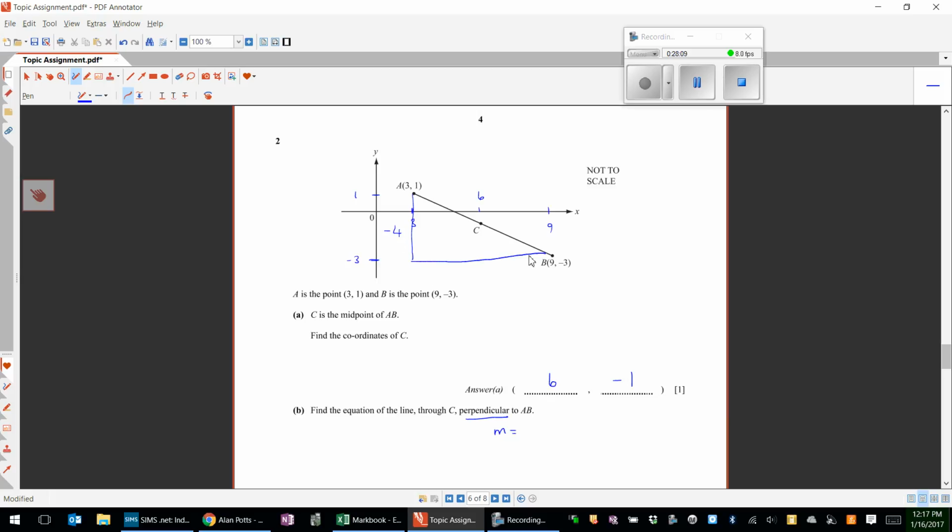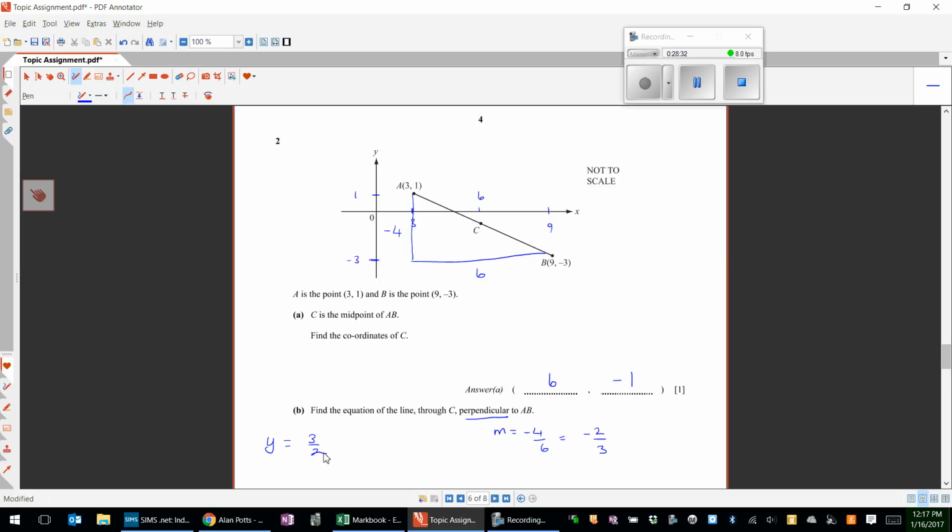So we have -4/6. So the gradient of the perpendicular line will be 3/2, or you can keep it as 6/4. You don't have to simplify.